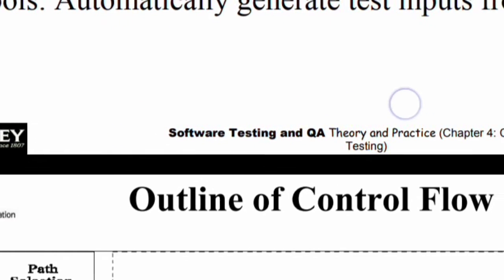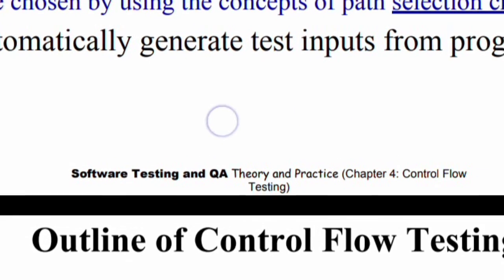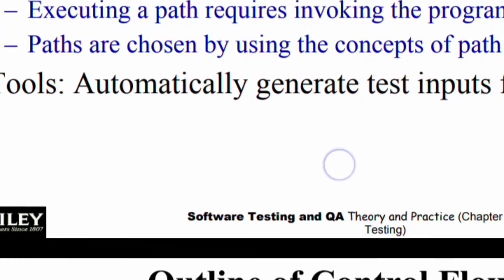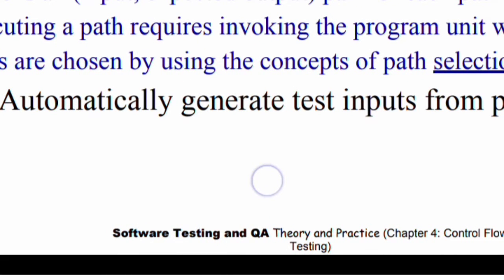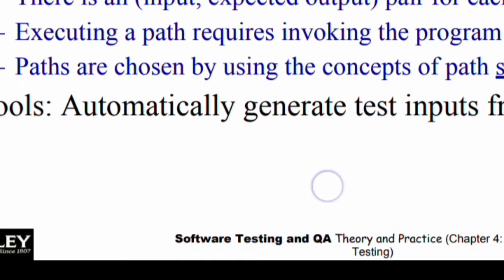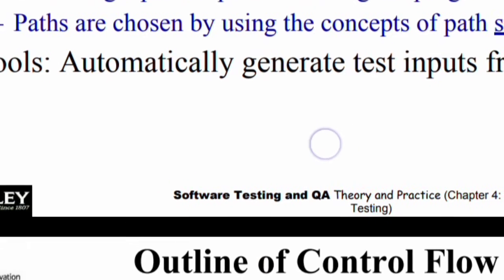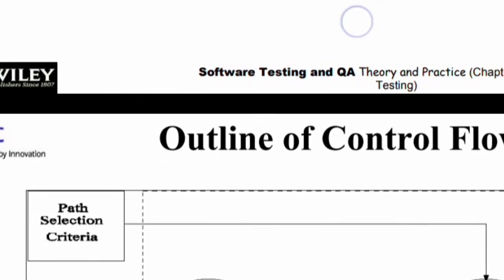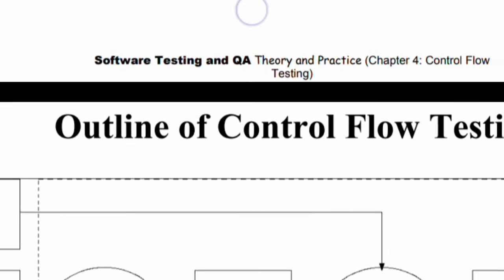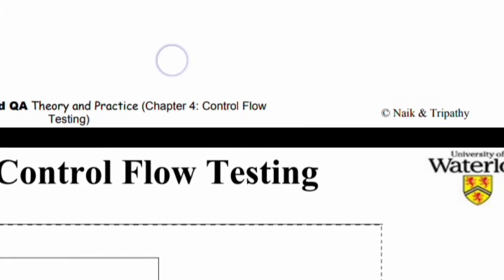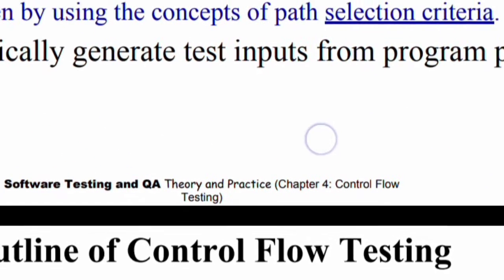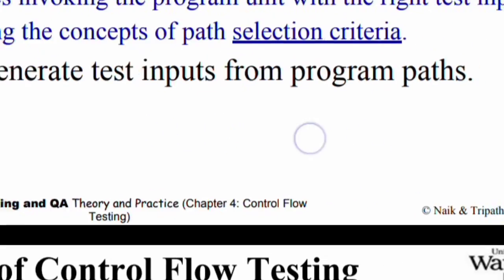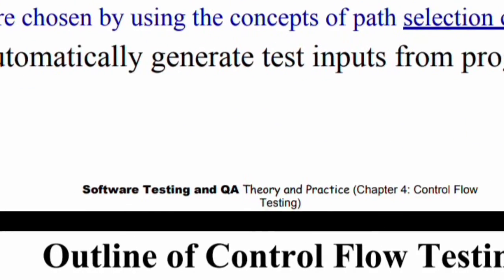There is an input, expected output pair for each path. Executing a path requires invoking the program unit with the right test input.